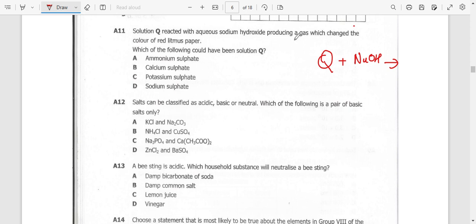Okay, so from here you've been told that when Q reacts with sodium hydroxide, it's supposed to produce a gas. Now, just look at the reactants which have been given. You see which one is going to produce a gas. I think that can help us to identify. If you look at ammonium sulfate, you should be able to write the formulas of these compounds. You need to know how to write the formulas of these compounds.